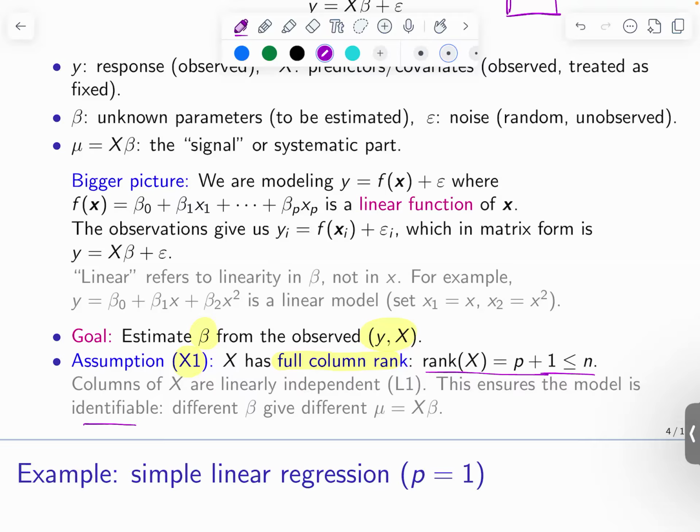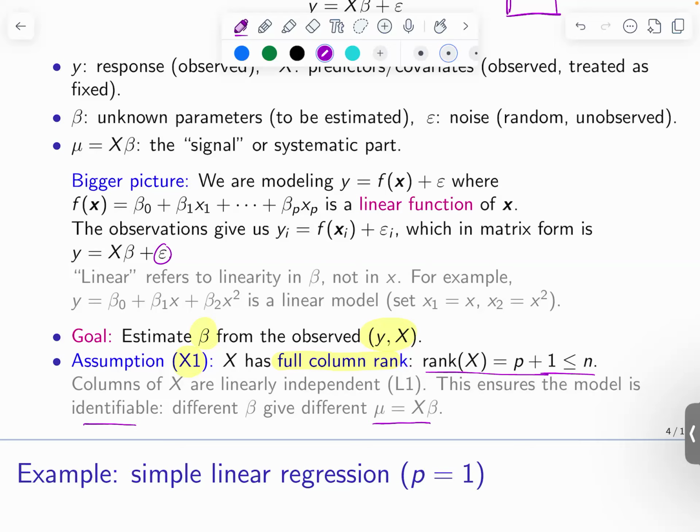So what it means is basically different parameters give different models for the observation. Technically, different probabilistic models. We're not assuming a probabilistic model here, but in this case it means that different betas give different mu's. In particular, if there was no noise, if I observed y, I would have observed mu.